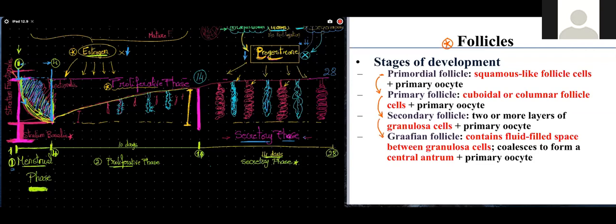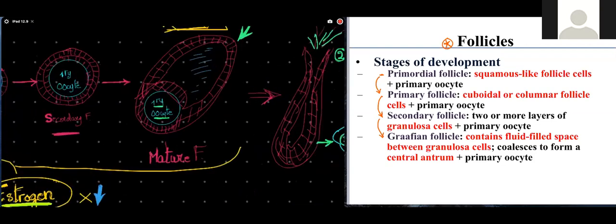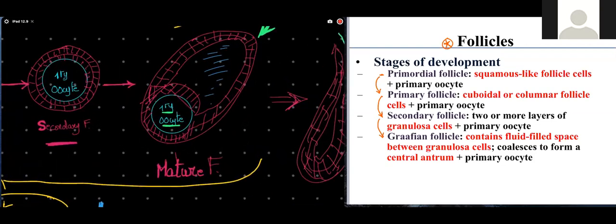And this secondary follicle will become the Graafian or mature follicle, where the granulosa cells start to coalesce together, forming a space filled with fluid, and this space is what we call the central antrum.